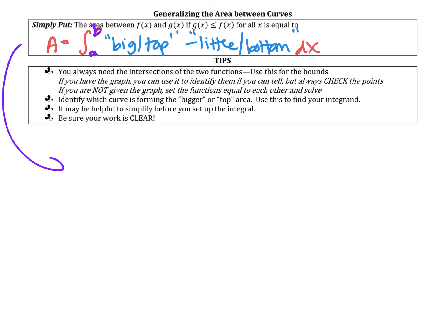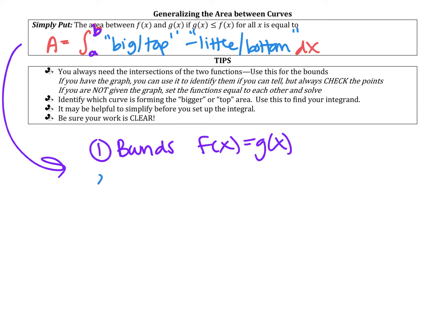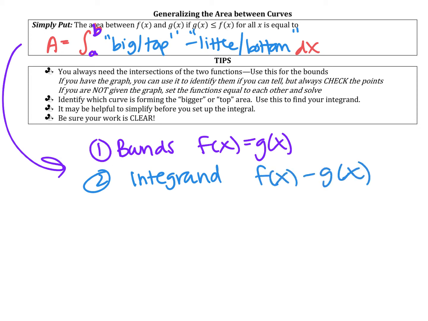When we're doing that, the first thing that we're going to do is find the bounds, which is where the two functions cross, or a problem might specify specific area that we're talking about, just like in the last example. After we find the bounds, we're going to find our integrand, the inside part of the integral. So we're going to figure out what f of x minus g of x is, or what the big minus the little function is.